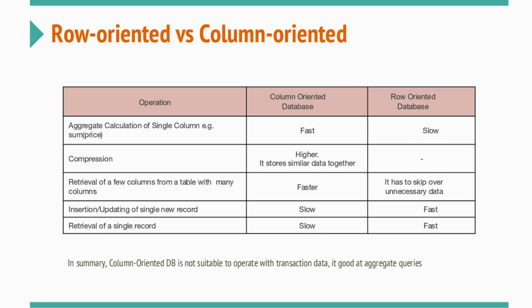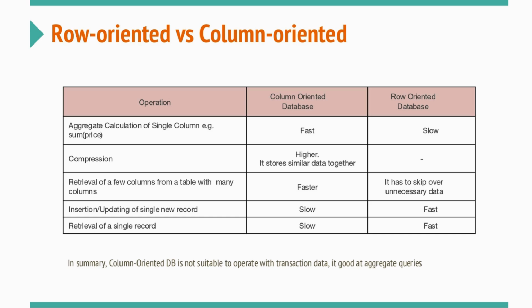This table summarizes the trade-offs perfectly. For calculating an aggregate on a single column, like sum of price, the column-oriented database is very fast, while the row-oriented is slow. For compression, column-oriented is much better because storing similar data together allows for very effective compression algorithms. For retrieving just a few columns from a wide table, column-oriented is much faster.